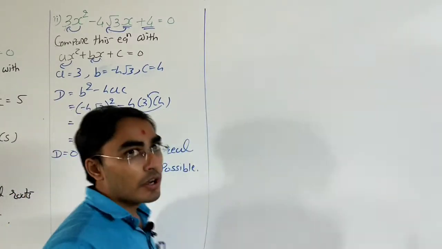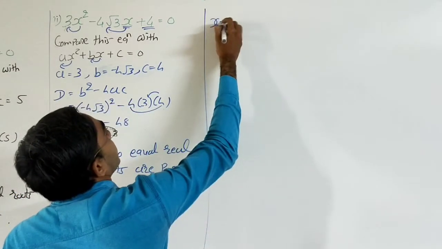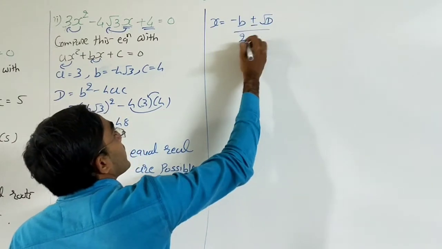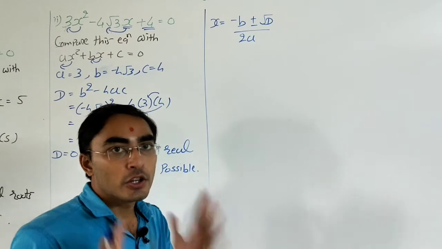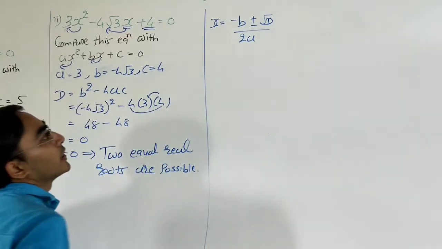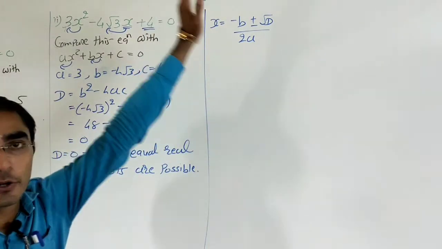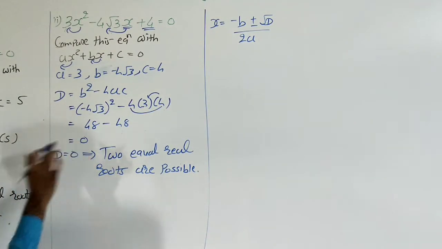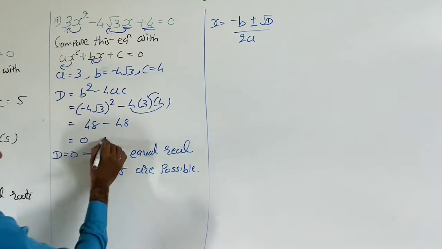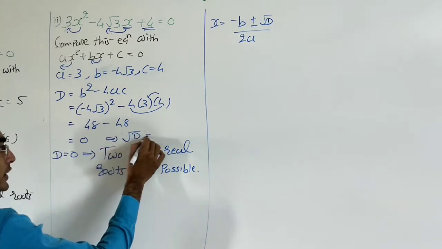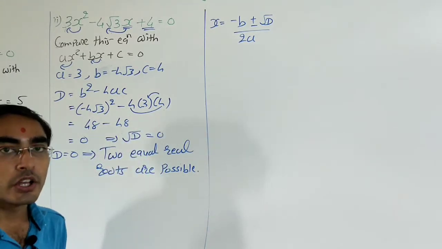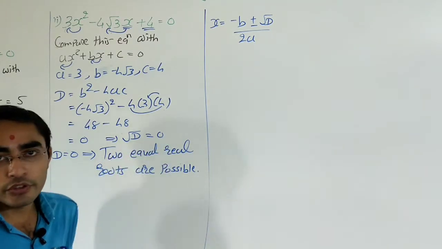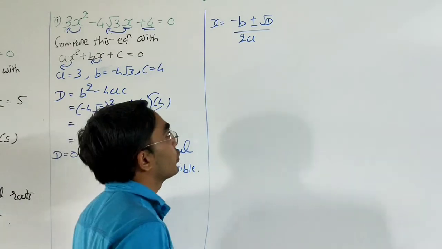So what is the quadratic formula? x is equal to minus b plus or minus under root D divided by 2a. Now put the values of a, b and under root D. One more thing, D is equal to 0, that means under root D is also 0. Square root of 0 is 0.